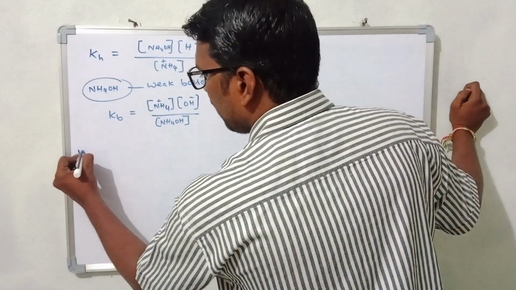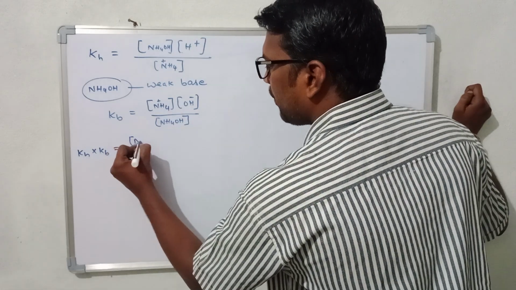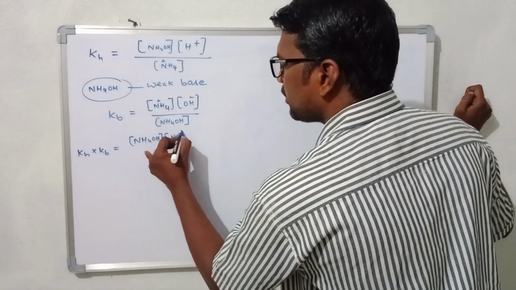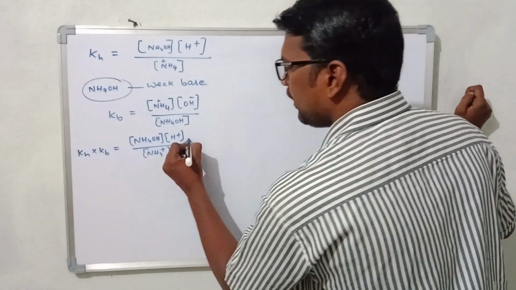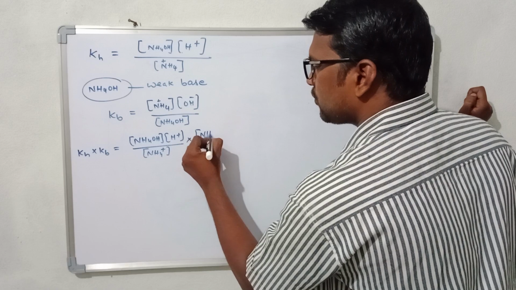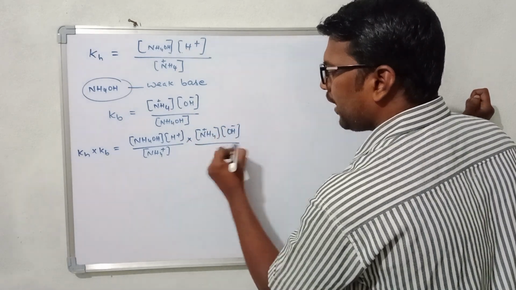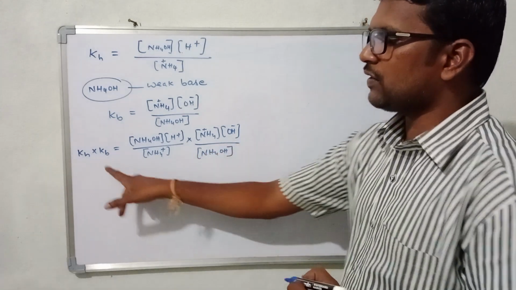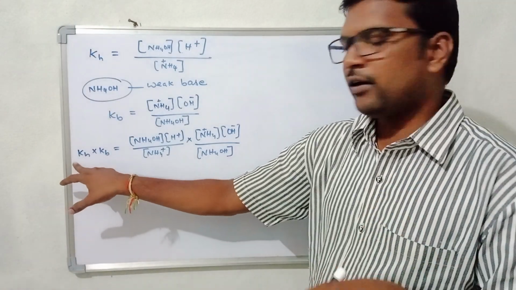On multiplying Kh into Kb, in place of Kh we take [NH4OH][H+] by [NH4+], and Kb is [NH4+][OH−] by [NH4OH]. Kb indicates the base dissociation constant or base ionization constant, and Kh is the hydrolysis constant.